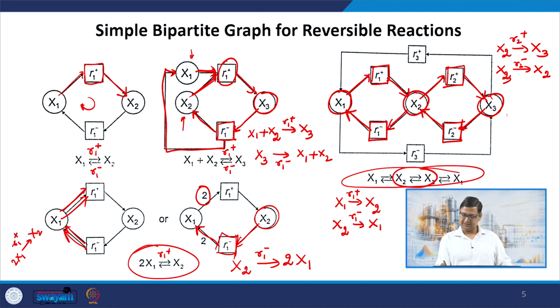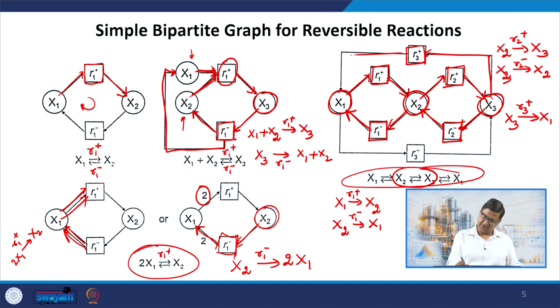And finally, the third reaction is x3 to x1. The forward reaction is x3 to x1, R3 plus, that is shown above in the graph. This goes here like this, and the reverse is x1, R3 minus, x3, that is right here.